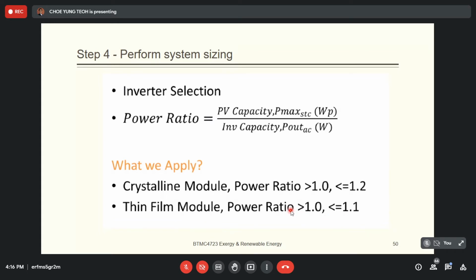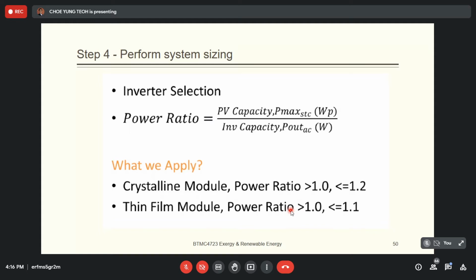You can see that if we use thin film, the tolerance for power ratio is slightly tight, just because thin film will have more consistent power output. The reason is they do not have high temperature effect and also shading effect.